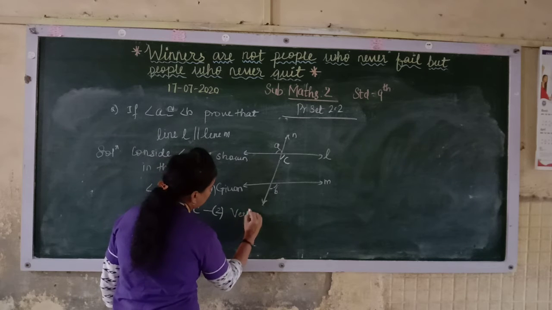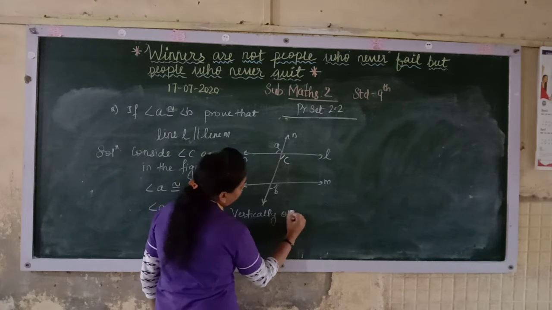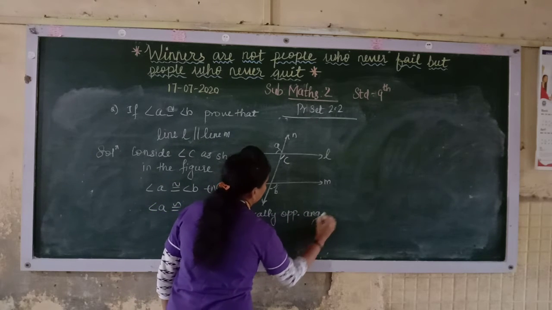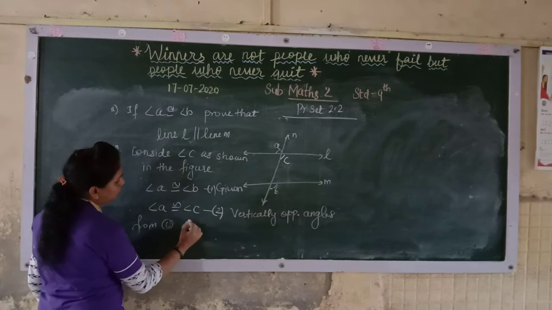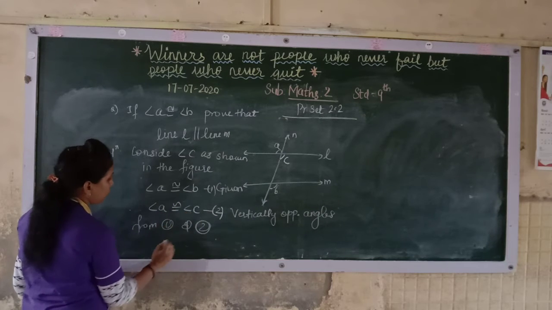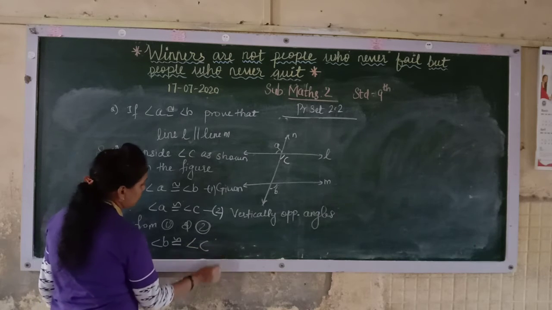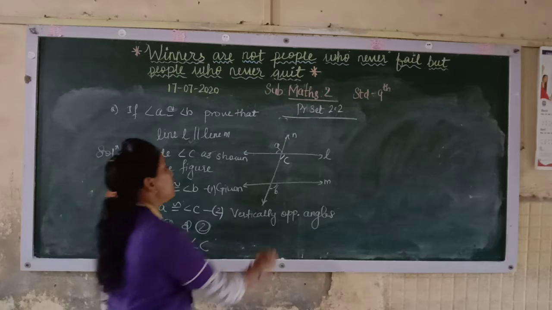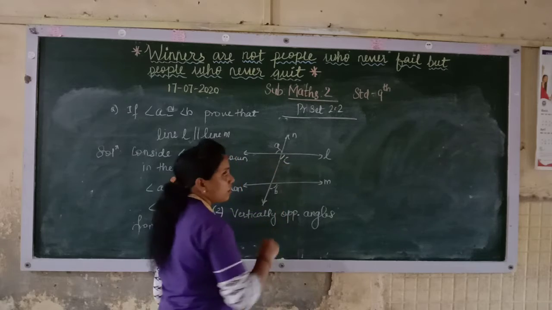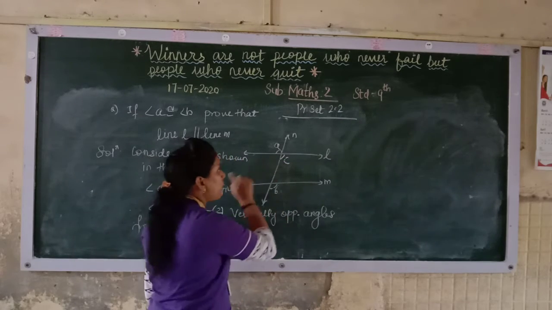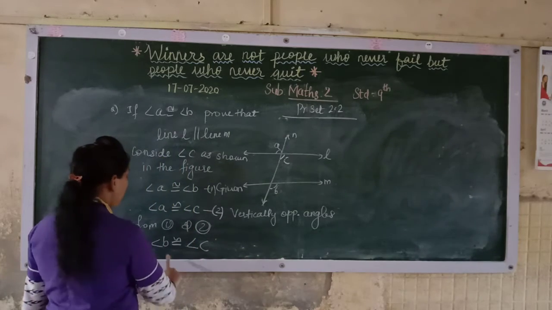Why is this? They are vertically opposite angles. Now see, from 1 and 2 what you will get? Angle B is congruent to angle C. Now, if you see B and C, they are corresponding angles. So when corresponding angles are congruent, it shows that there are two parallel lines and one transversal cutting them. So here B and C are congruent.